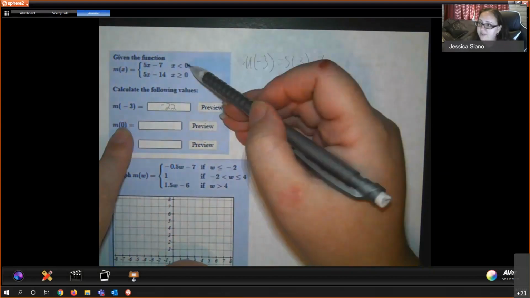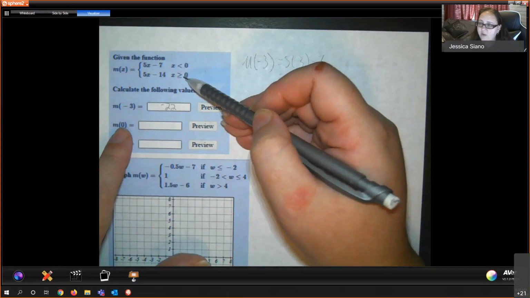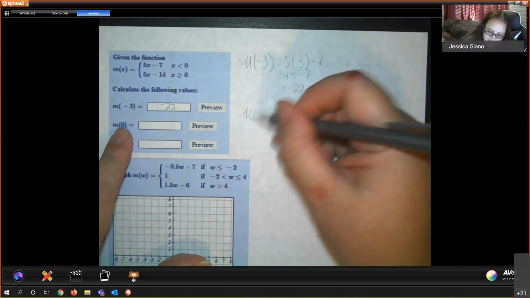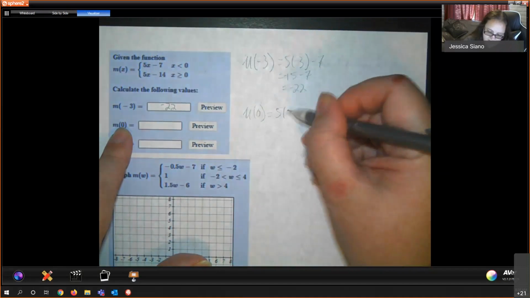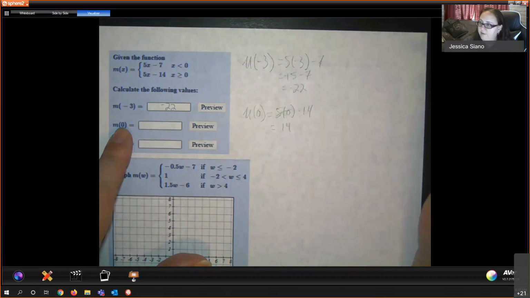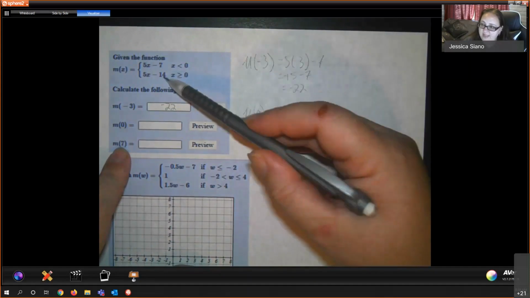M of 0, 0 is not less than 0. 0 is greater than or equal to 0, so I'm going to plug 0 into here. And then 7 is greater than 0, so I'm going to plug 7 into here.